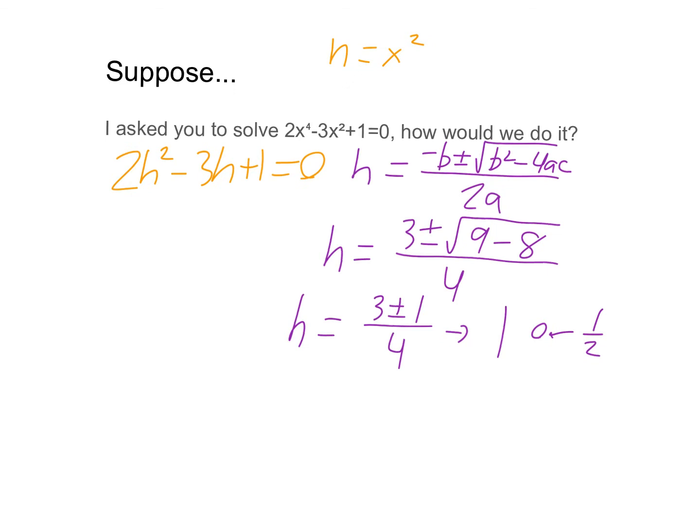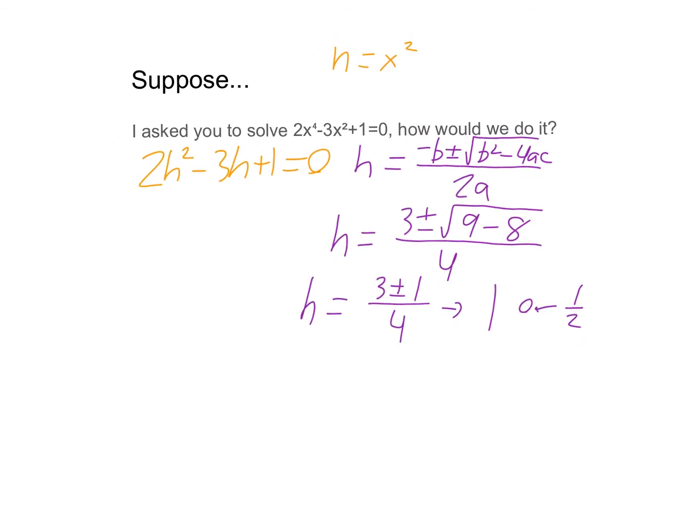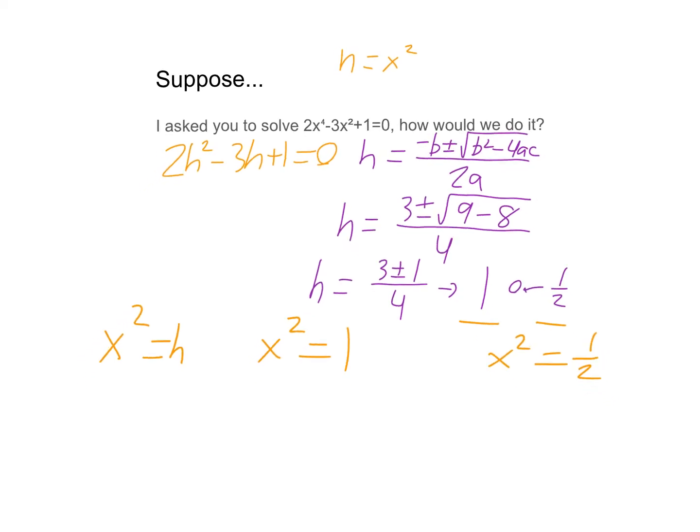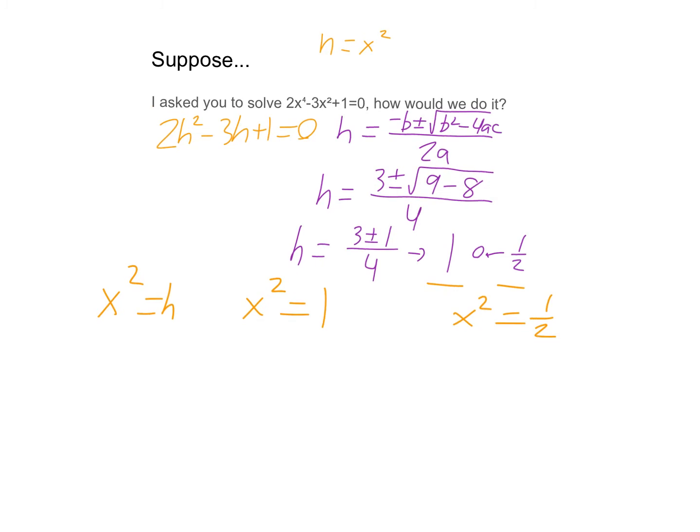But our original problem was based in x's, so we need to make one more conversion and go back to our x's. So x squared was equal to h, and h can be 1 or 1/2, which means then that x squared could equal 1, or x squared could equal 1/2. Again, folks, I'm just using algebra at this point, in order of operations.